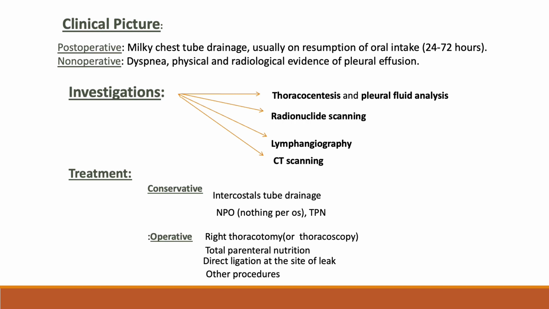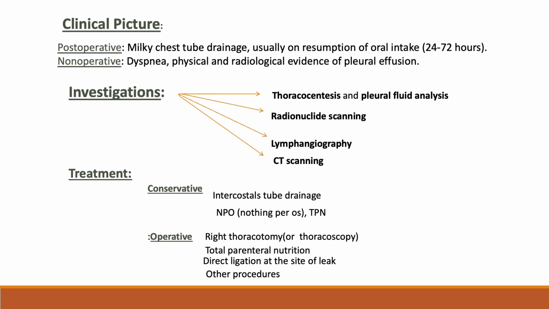And also we can do radionuclide scanning and lymphangiography, and sometimes CT scanning, I think, is one of the most helpful tools to assess the causative factors if we are not sure about malignant invasion or trauma. The treatment is usually conservative, so patients will be NPO.